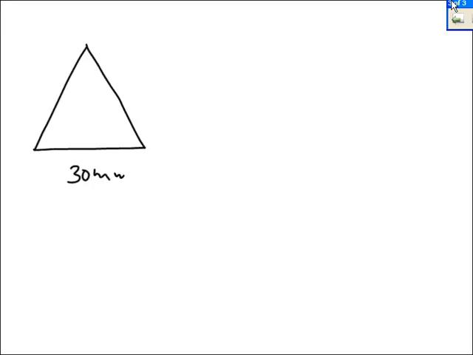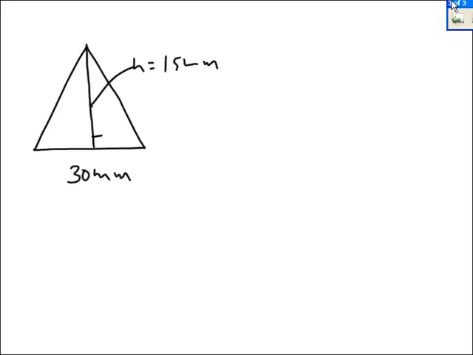We argued it through somewhat, and we're ready to answer these problems. We have all the ammunition we need to answer this. Very basic problem. You have a triangle. The base is 30 millimeters, and the height is 15 millimeters.